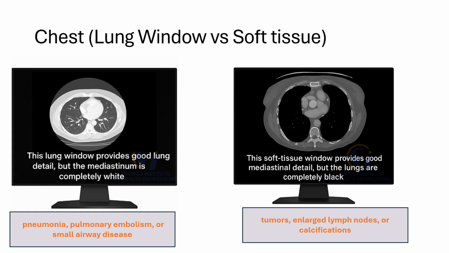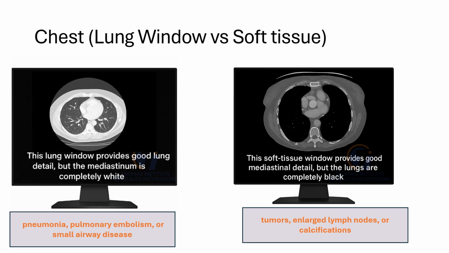In this view, conditions like pneumonia, pulmonary embolism, or small airway disease stand out clearly. The lung window gives excellent contrast between the air-filled spaces and the vascular structures, making it ideal for evaluating respiratory conditions.